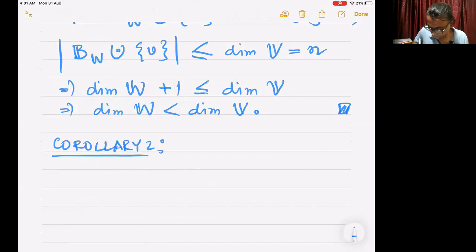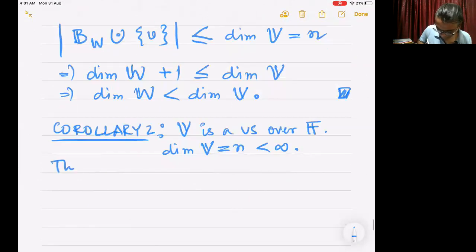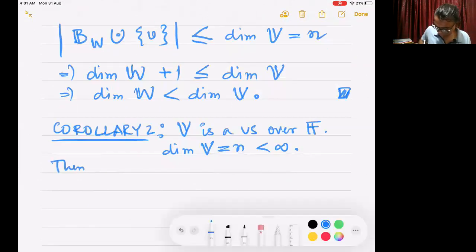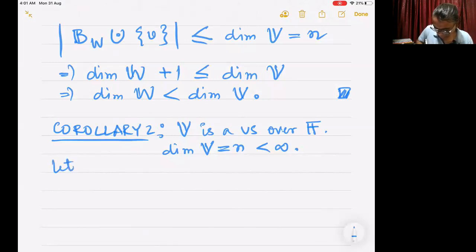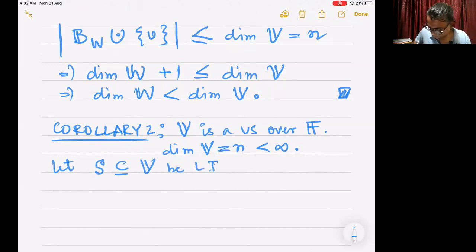once again V is a vector space over F, and the dimension of V is equal to n, which is finite. Then let S be any subset of V which is linearly independent.